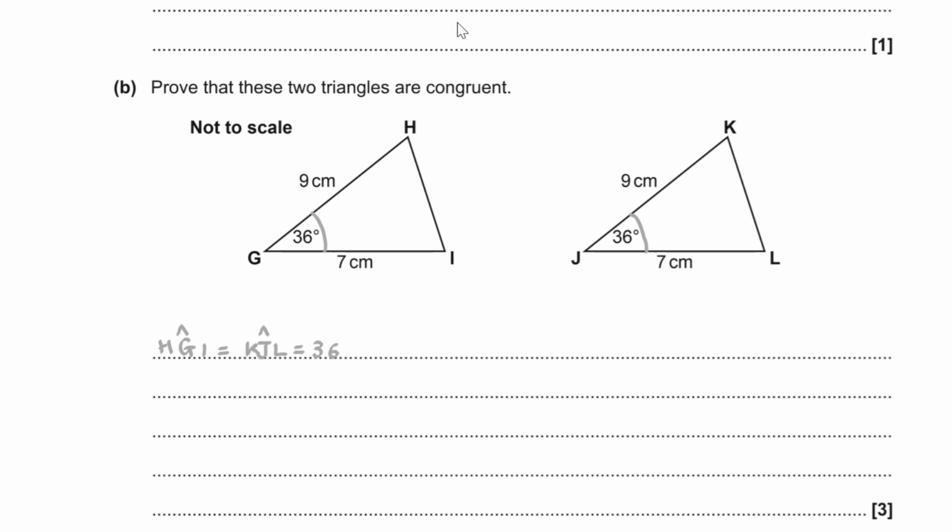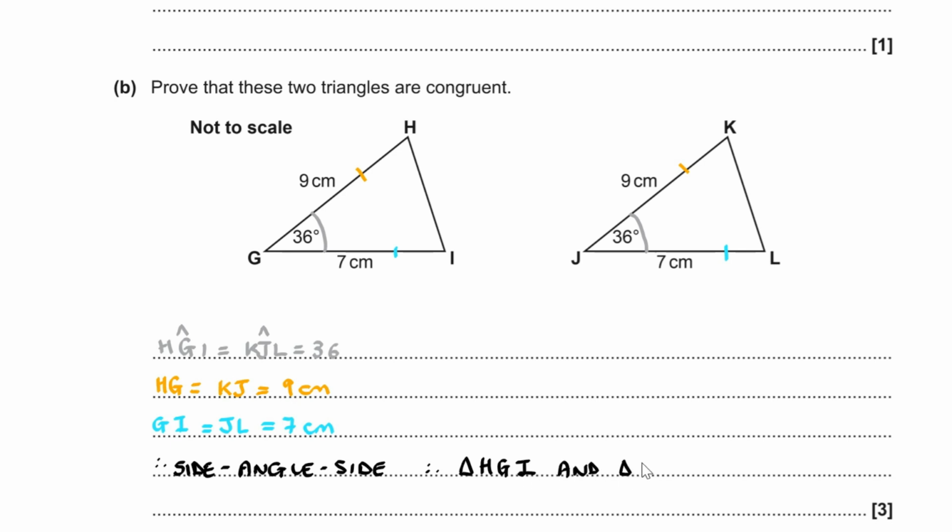What we also can see is HG equals KJ, which is 9 centimeters, and what we can also see is GI equals JL, which equals 7 centimeters. You can see we've got side, angle, side, and therefore you can see that the triangle HGI and the triangle KJL are congruent.